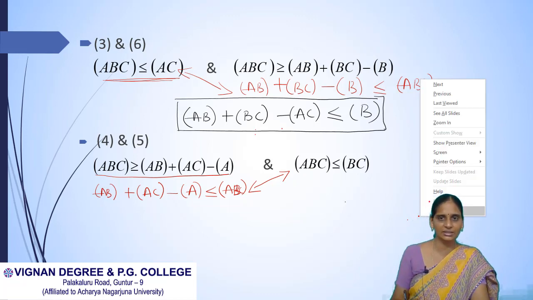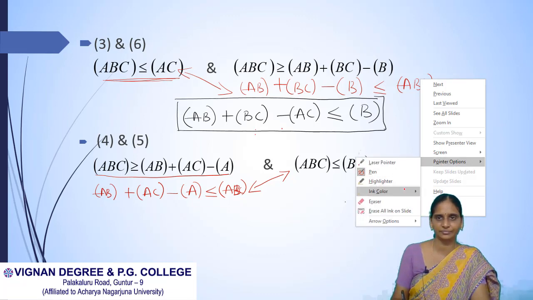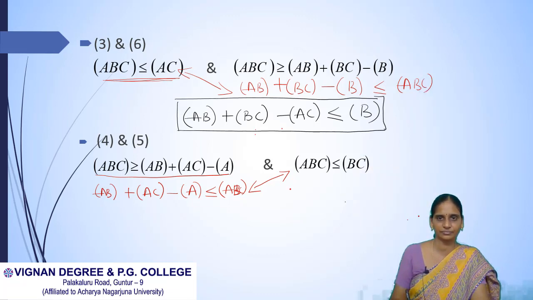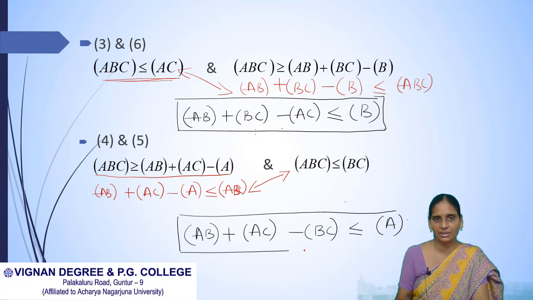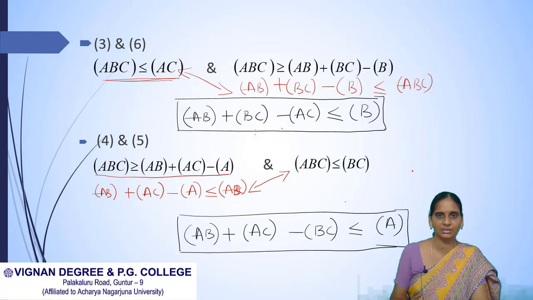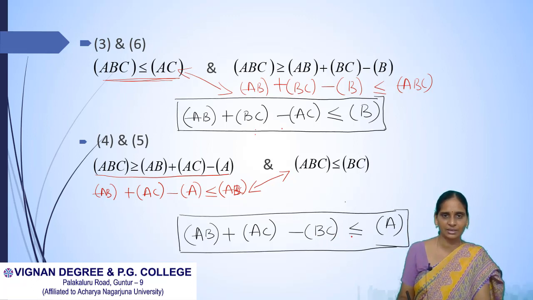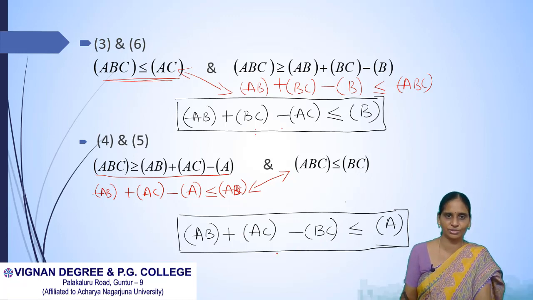Then we get another consistency relation, that is frequency of AB plus frequency of AC minus frequency of BC, which is less than or equal to frequency of A. So this is the consistency condition for three attributes A, B, C.